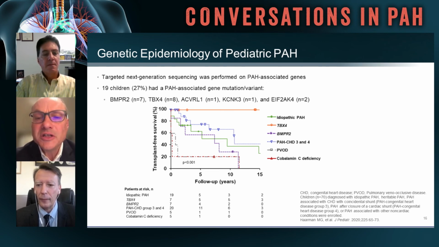But the very interesting thing about this gene is that it sort of has a lung limb phenotype, and Professor Humbert can comment. They've done some very nice work with this as well.